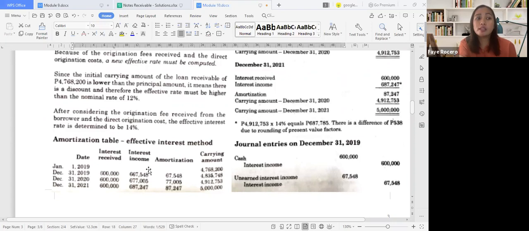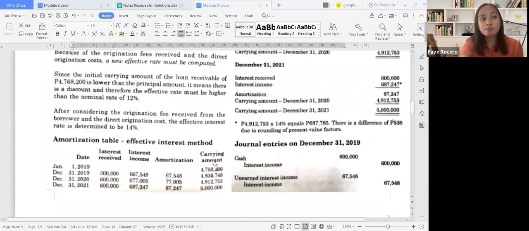So if the interest income is 667,548, compare it with the interest received. Therefore, part of it is amortization of the unearned interest income, 67,548. You're going to add that to the carrying amount. Therefore, the new carrying amount as of December 31, 2019 is 4,835,748.